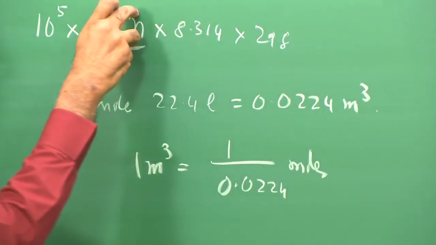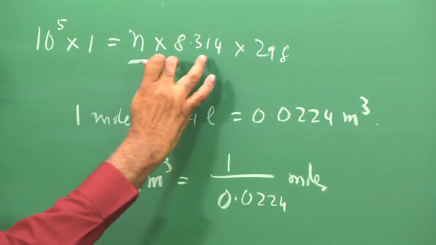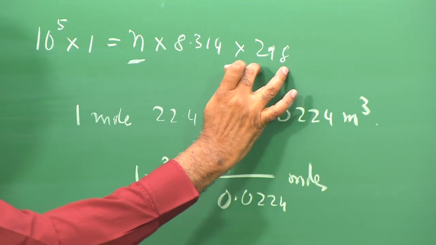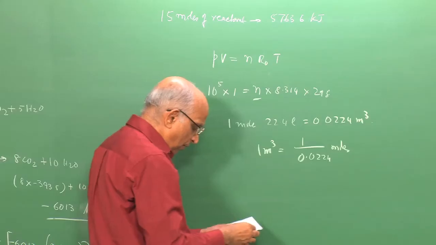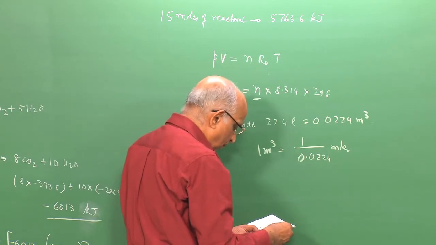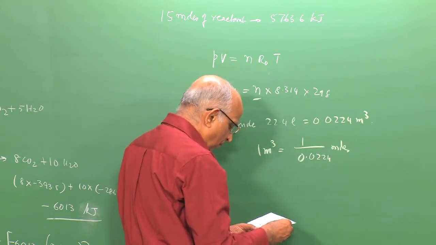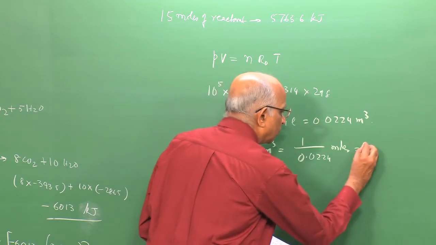Either this way I calculate n is equal to 10 to the power 5 divided by 8.314 divided by 298, or directly from the volume, and this will come out to be equal to the total number of moles, 44.64.